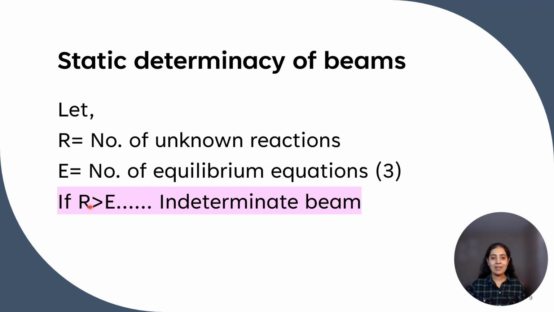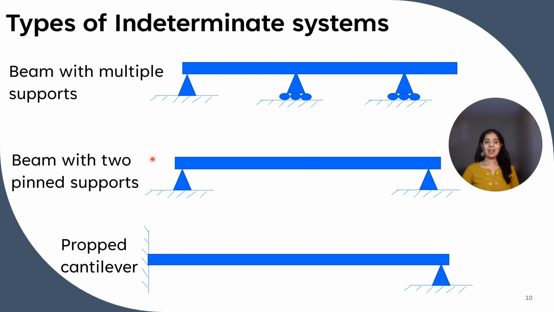If R, that is the number of unknown reactions, is greater than the number of equilibrium equations, then it is an indeterminate beam. These are some examples of indeterminate systems: beam with two pin supports, propped cantilever.